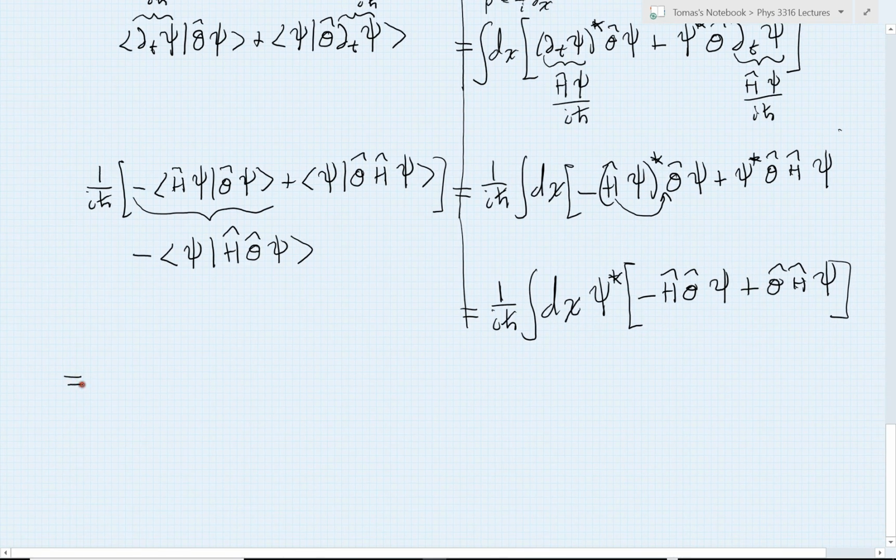So I will then have now 1 over iħ, a single inner product psi, and then my two terms, so we just learned a new rule how to combine these. My two terms then are going to be O acting on H acting on psi, but I can factor that out as an operator, minus then H acting on O, then applied to psi, like so.